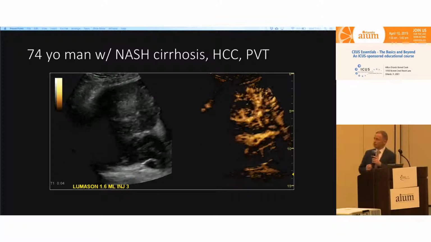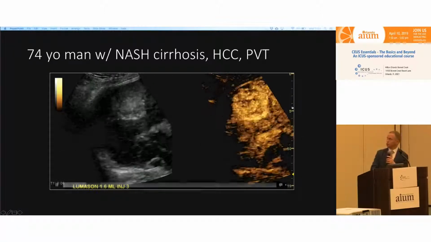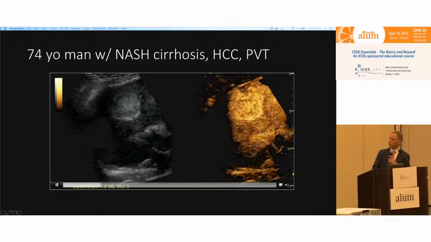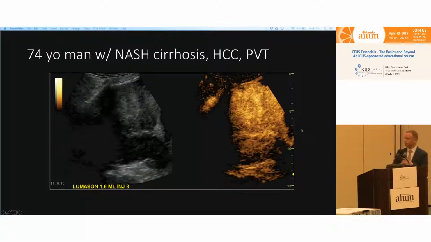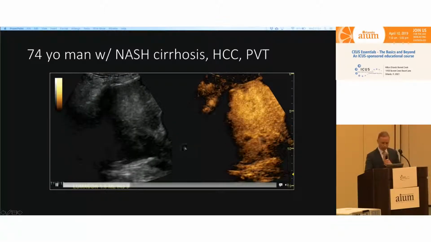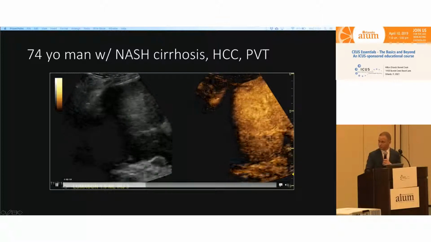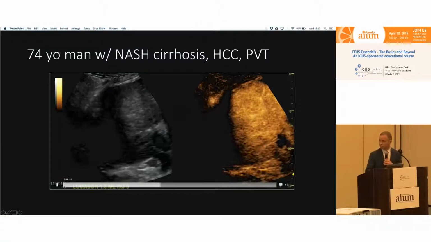All right, so contrast-enhanced ultrasound, you can see a tumor in here, and that's your portal vein at the bottom of the image. Probably gonna play it once again so you guys can see early phases of this.